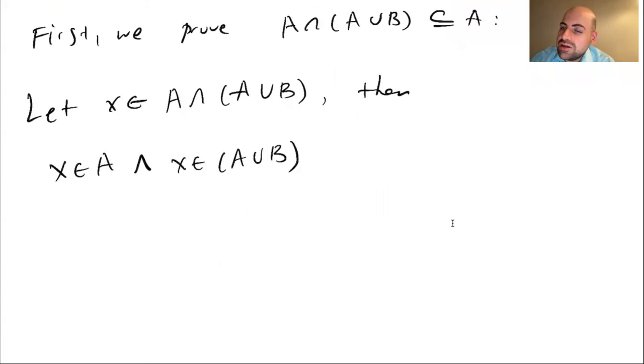So if there's a conjunction, that means both of them must be true, right? So in particular, X belongs to A. If X is in A and in something else, both are true, so in particular the first one is true. So X belongs to the right-hand side. That's it. I started from X in the left-hand side and showed that X has to be in the right-hand side as well.